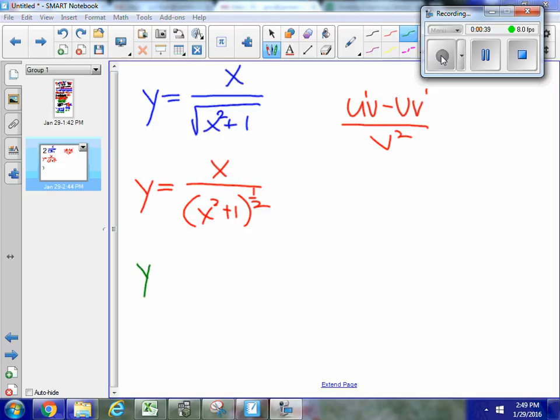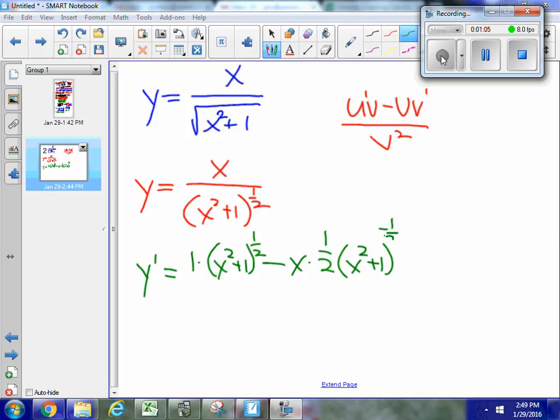So y prime is equal to, well, u prime, that's my x, so that's just equal to 1, times v, which is x squared plus 1 to the 1/2, minus u, which is x, times v prime, which is 1/2 x squared plus 1 to the negative 1/2, that's using the power rule on the outside, times, I've got to take the derivative of the inside, which is 2x.